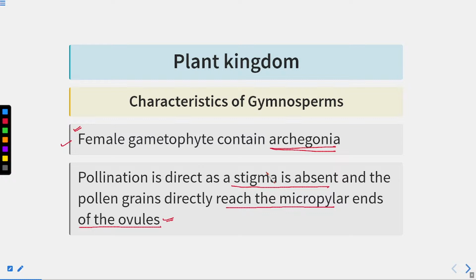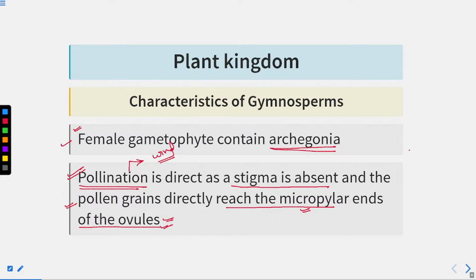They do not need any water, as we saw in bryophytes and pteridophytes, which require water for the antherozoids to reach the archegonia. But in gymnosperms, for pollination, what is required? Wind, right? So anemophilous pollination is seen in gymnosperms. Pollen grains directly reach the micropylar end of the ovule.